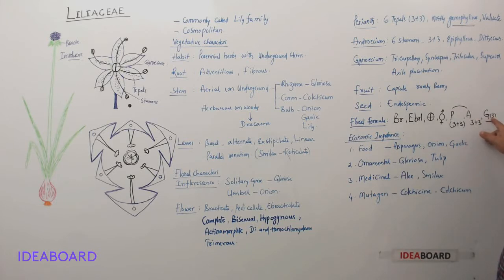Gynoecium 3 is the number of carpels, and the brackets indicate that they are syncarpous, united, and the line below the letter G shows that it is a superior ovary.